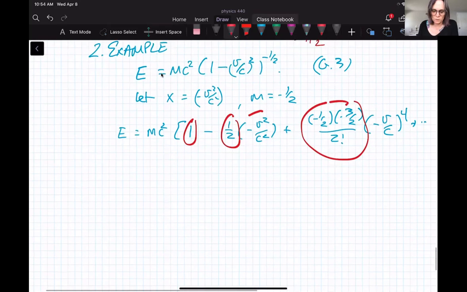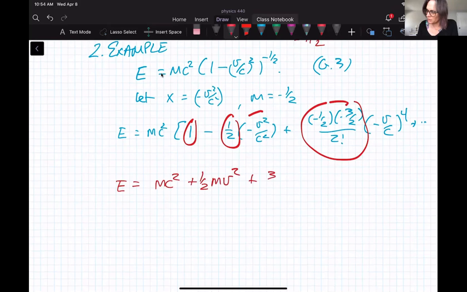So what we get when we do this expansion then is our familiar E is equal to mc squared plus 1/2 mv squared plus 3/8 mv squared times v squared over c squared.